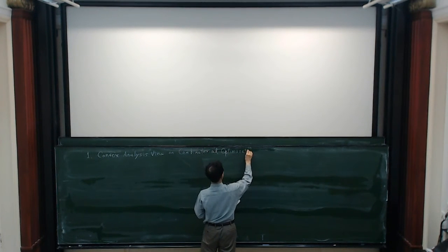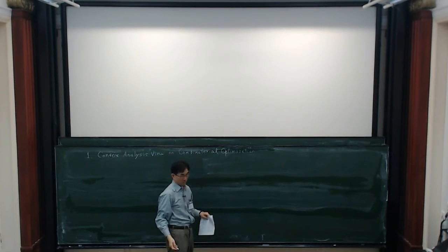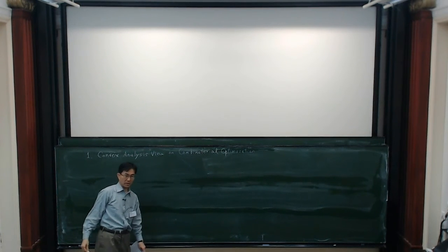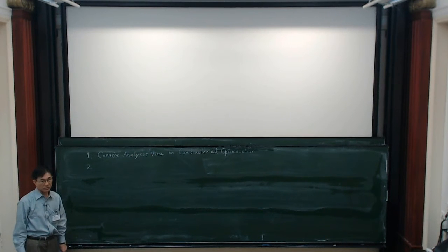So I assume that you know minimum spanning tree or bipartite matching. And here I'd like to explain what kind of convex analysis phenomena you can observe.